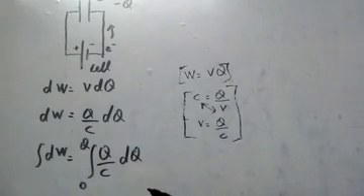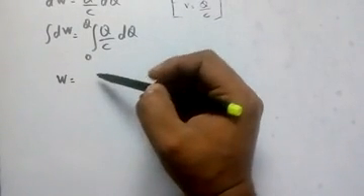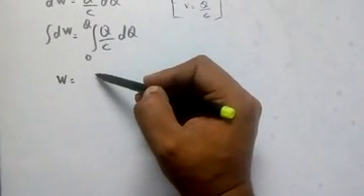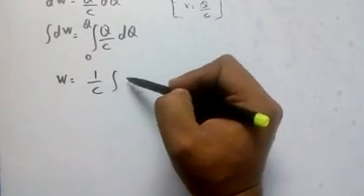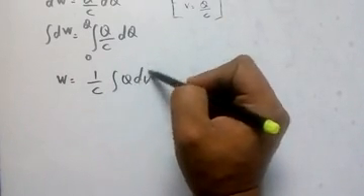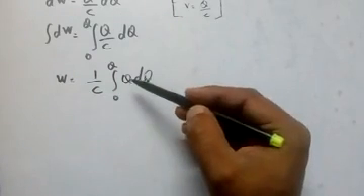Okay, let's integrate. Left side we will have W is equal to, and on the right side we have a constant, that is 1 by C. Capacitance is constant, so take it out, into integration of Q dQ, limits 0 to Q. Let us see this integration.